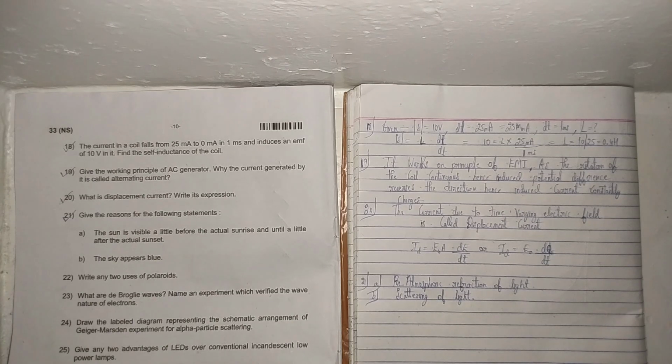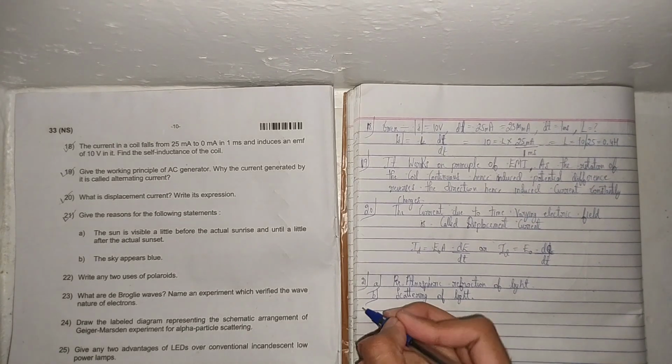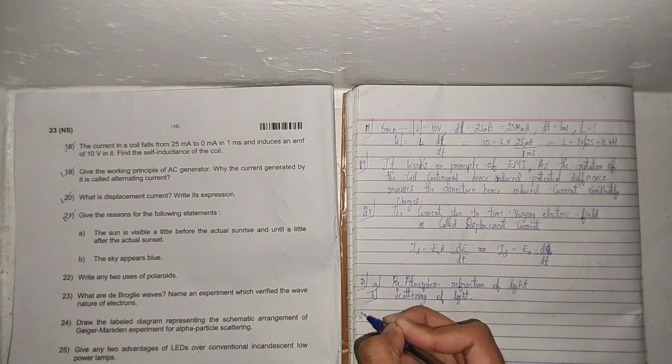So moving on to our next question, question number 22. Here they have asked us to write any two uses of Polaroids. So let us write the two uses of Polaroids.